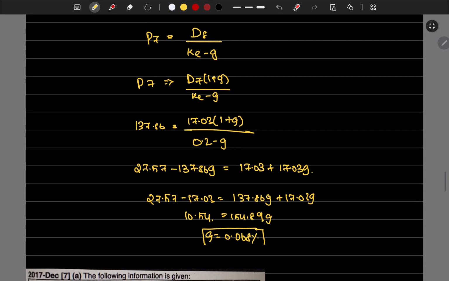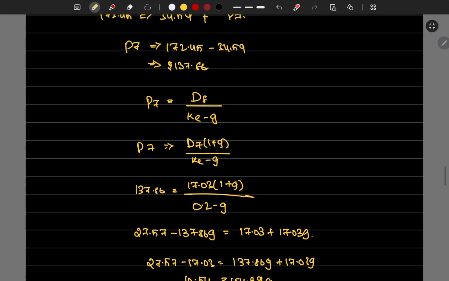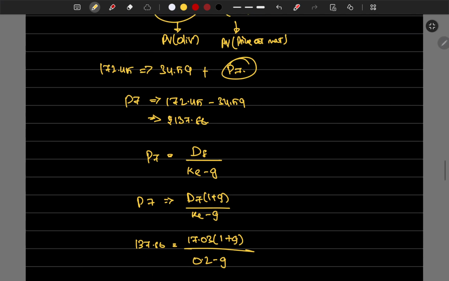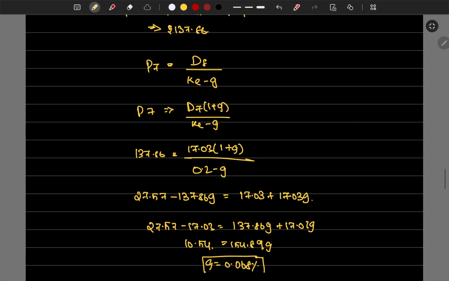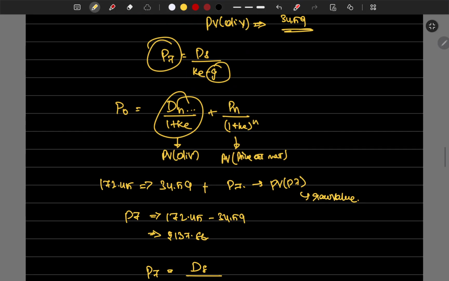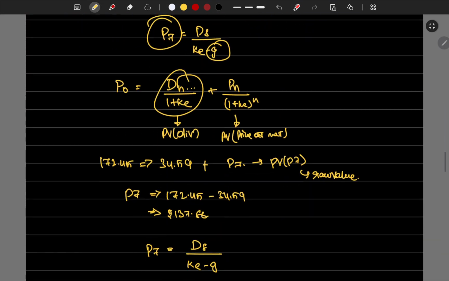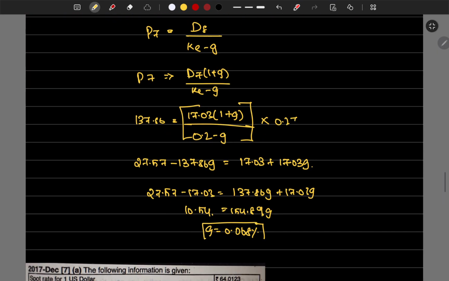Okay, we missed using the PV factor. Here it is P7, right? This is not the present value of P7. This is just the raw value. So when we get this value, we have to multiply it with the 7th year PV factor, which is 0.2791.